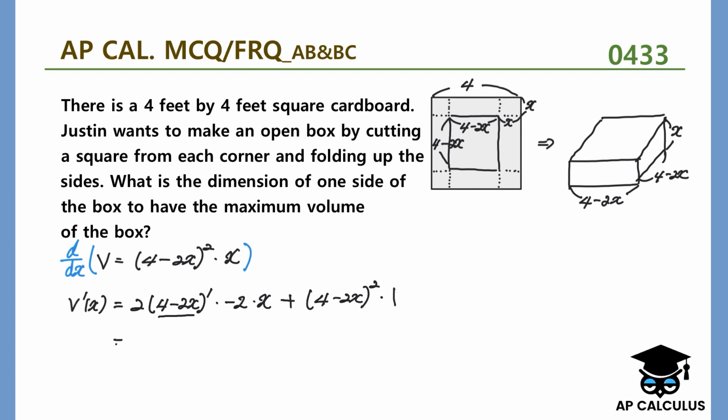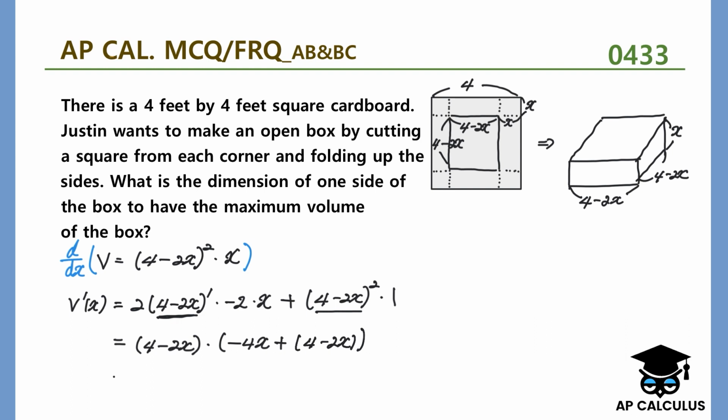So now we have a 4 minus 2x here, 4 minus 2x here. Let's factor this. 4 minus 2x times, here we have 2 times negative 2x, that's negative 4x, plus we have one more of 4 minus 2x, because we had a 4 minus 2x squared, right? So that's going to be 4 minus 2x.